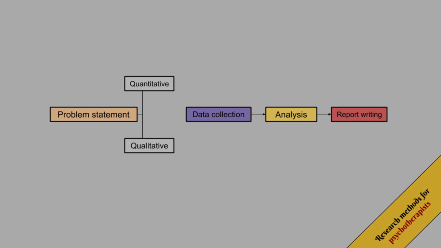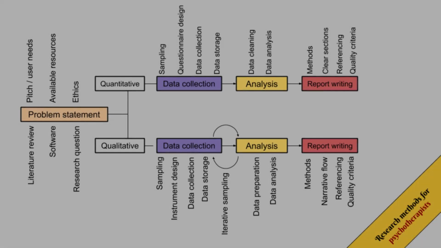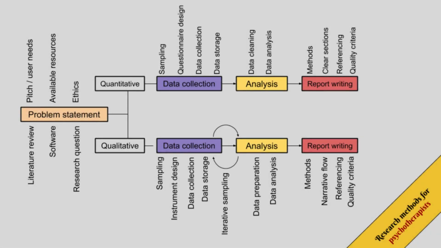But let's not get bogged down in that for now. For now, let's just remember that we have this very simple research process, and that's all it is, just four elements.